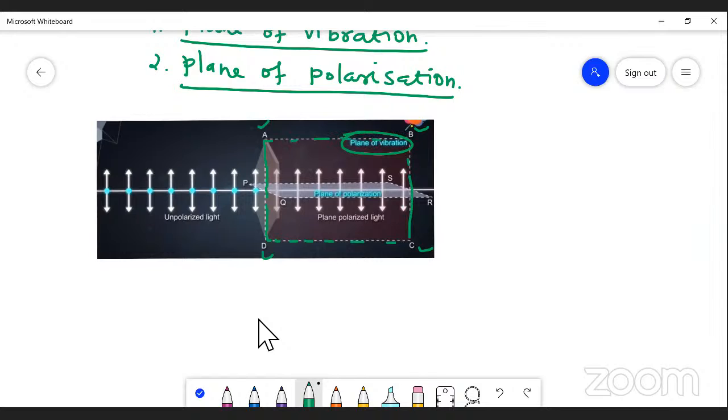It contains vibrations in it, and is known as a plane of vibration. So in this diagram, the plane ABCD represents the plane of vibration.